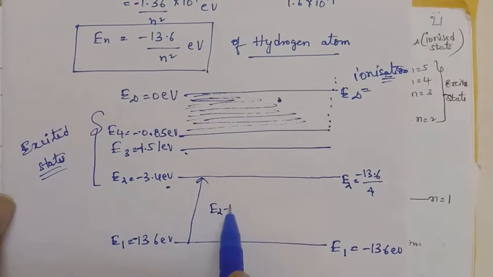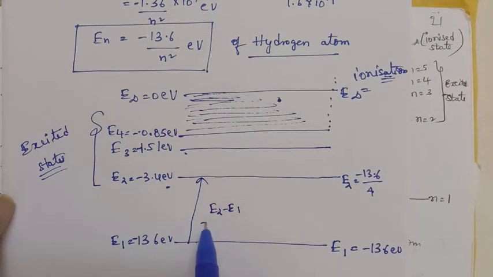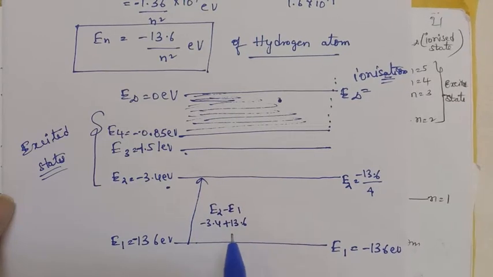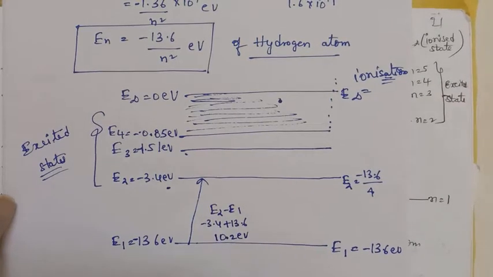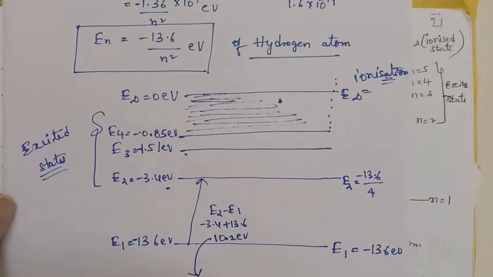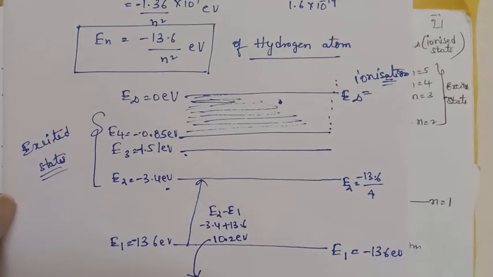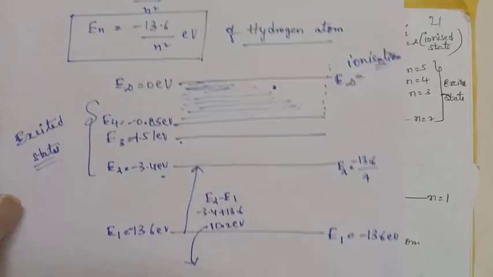E2 minus E1, so minus 3.4 minus of minus 13.6, which is minus 3.4 plus 13.6. The value we get is around 10.2 electron volts. It is the first excited state energy.